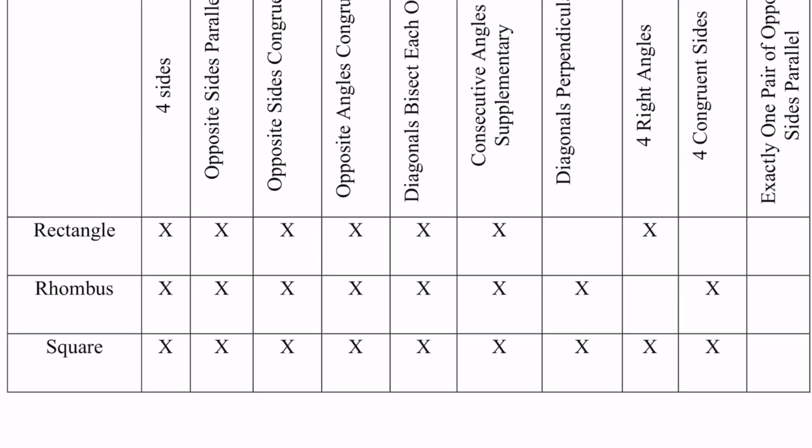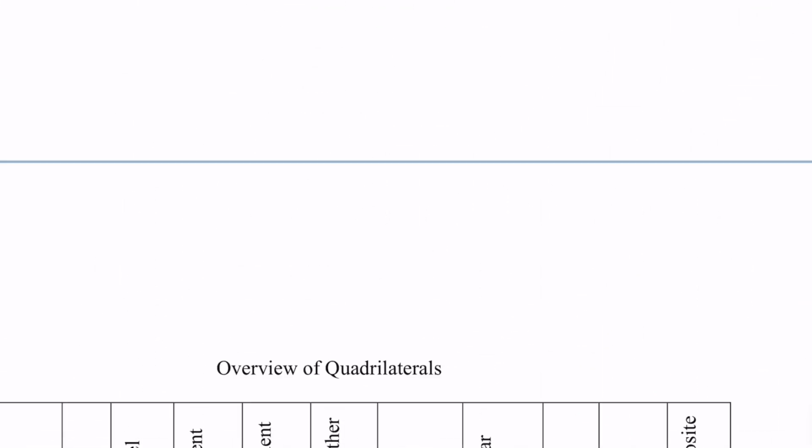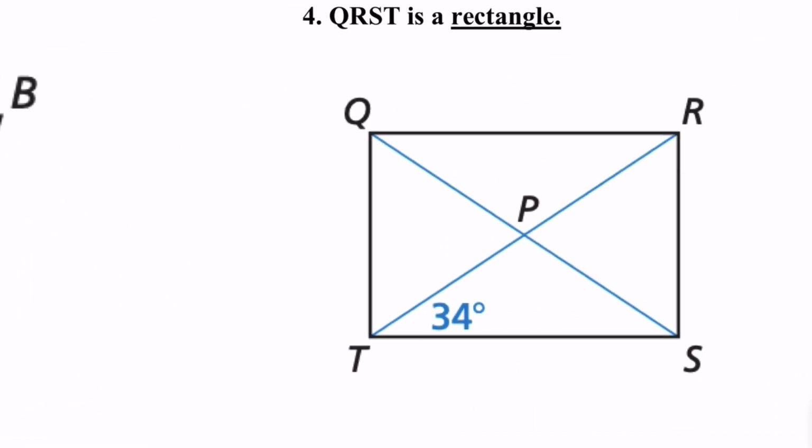A rectangle has opposite sides parallel, opposite sides congruent, opposite angles congruent, the diagonals bisect each other, consecutive angles are supplementary, and 4 right angles. This is probably the big one. So let's make sure that we know that all of the angles are right angles.